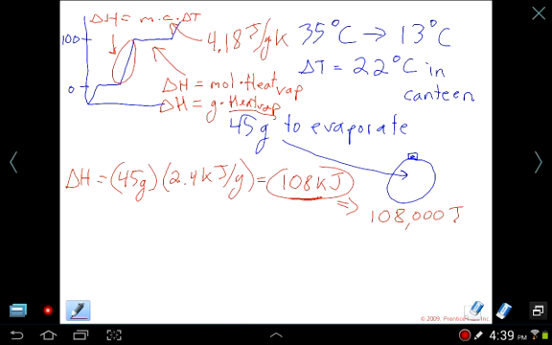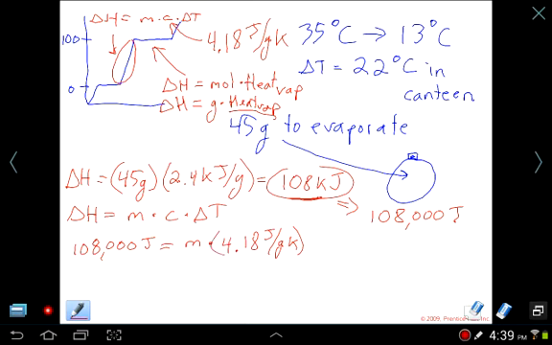And so let's plug this into the equation. We'll use the equation that's delta H, the MCAT equation, equals M times C times delta T. Our delta H is 108,000 joules, equals M, which is what we're solving for, multiplied by our specific heat, which is 4.18 joules per gram Kelvin, multiplied by our temperature change, which is 22 degrees Celsius.